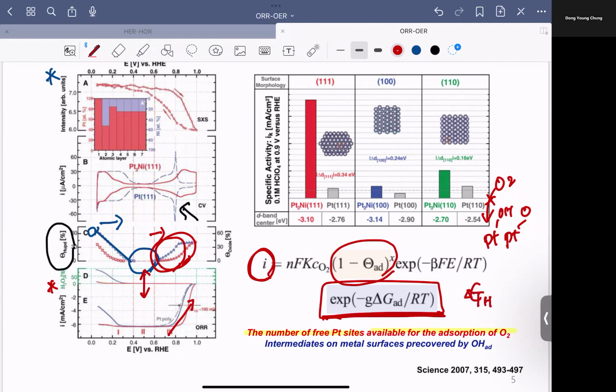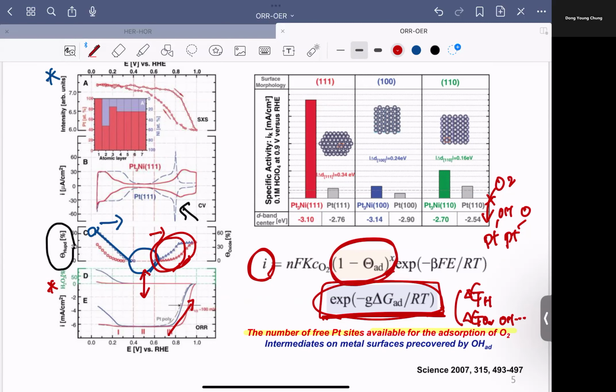Not surprisingly, here we definitely handle the moderate adsorption of oxygen or OH intermediate, something like that. I do not want to say that it is not important. It is still important, but we have to think about not only the energetic factor, but also the exposure of the active site, right?